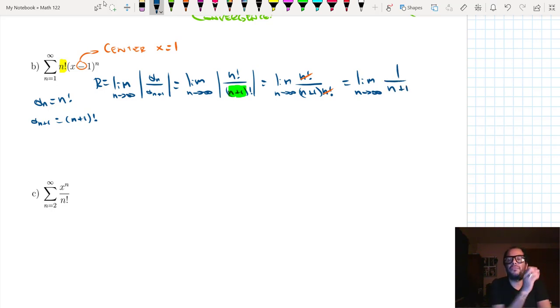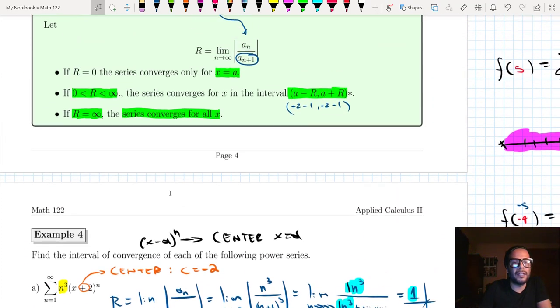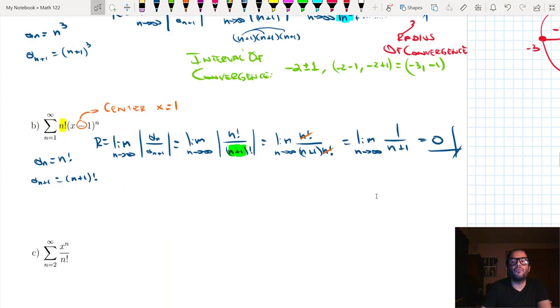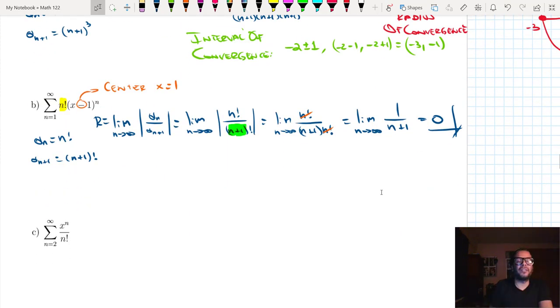What happens if we plug in infinity? This goes to 0. Okay, what is the criteria for 0? Let's go up here. If the radius is 0, the series only converges for whatever the value in which this series is centered.